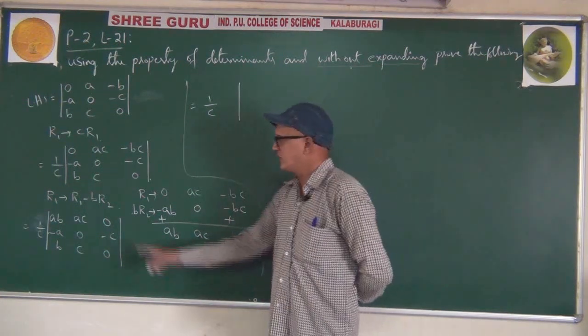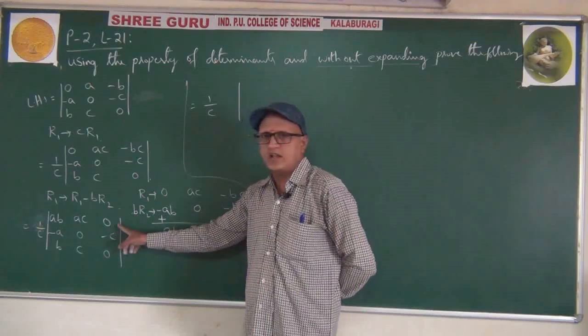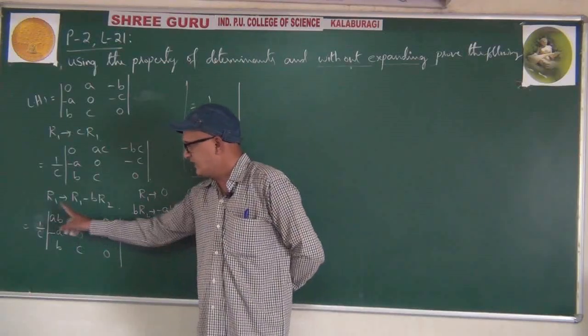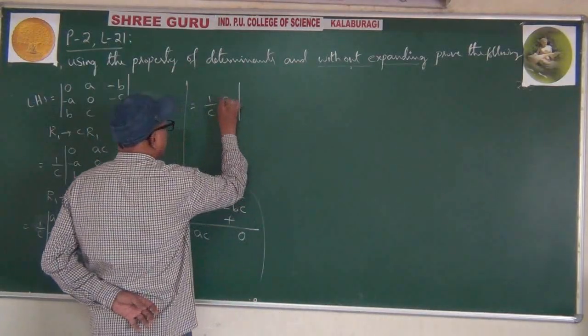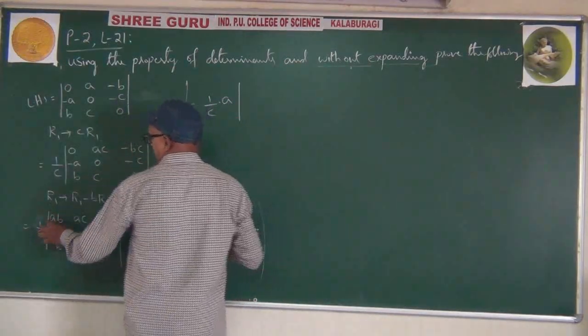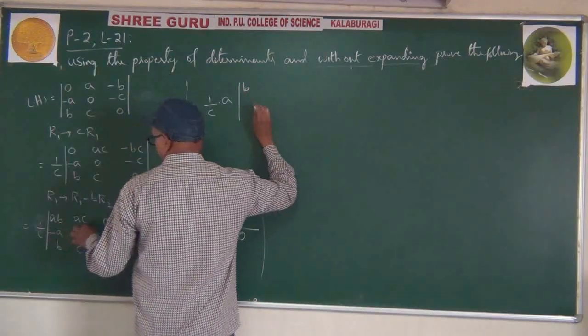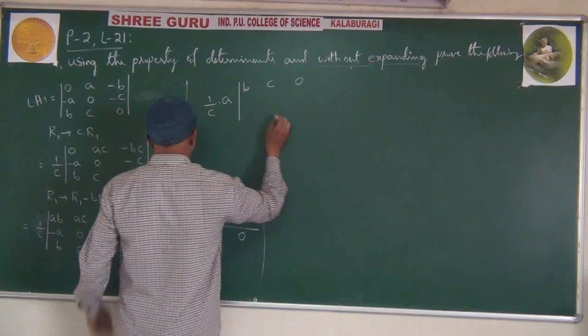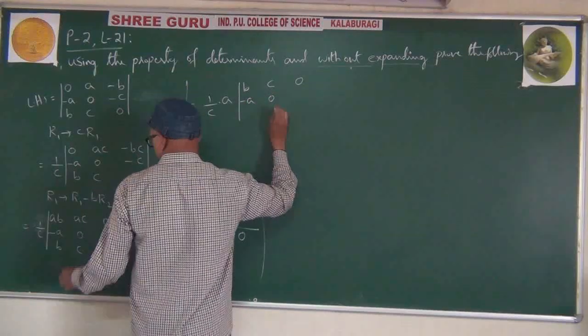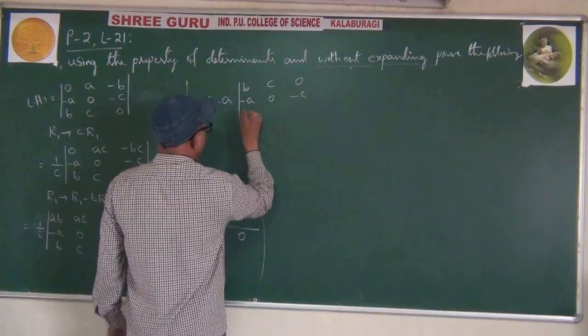So a is here, a is here. We can take a common. a went out to b, a went out to c. The remaining goes as it is: minus a, 0, minus c; bc, 0.